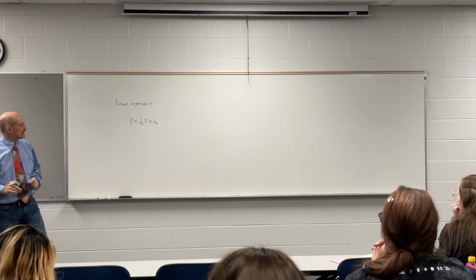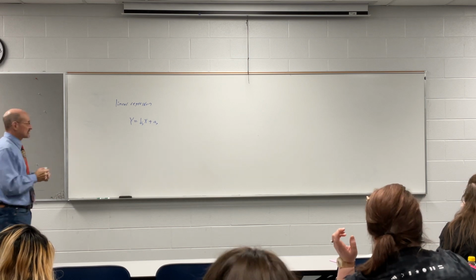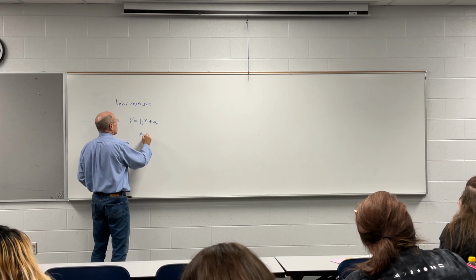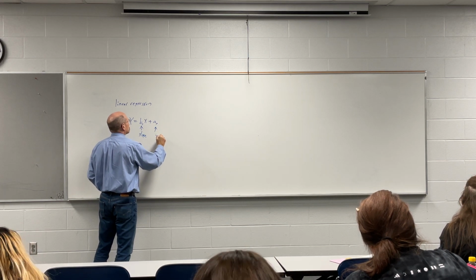The textbook will use a line equation like that: Y equals bx plus a. The b in the equation, as we pointed out last class, in this case b sub y, is the slope. The a sub y is the y-intercept.